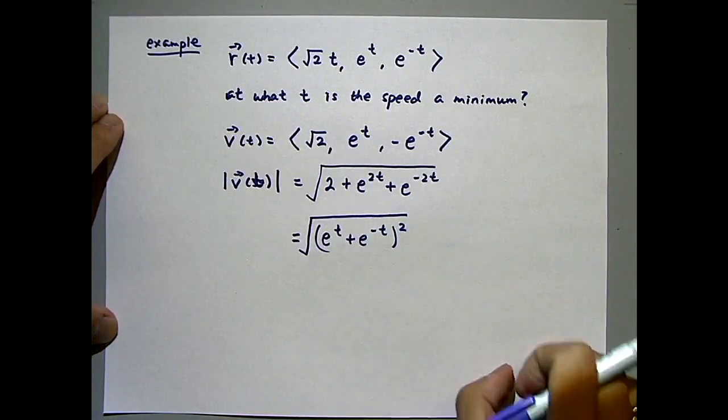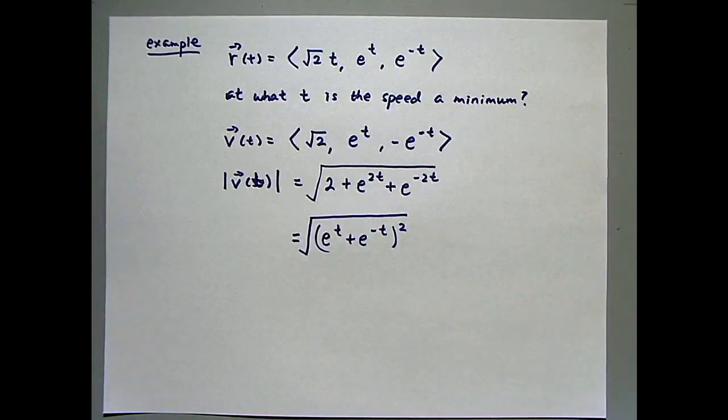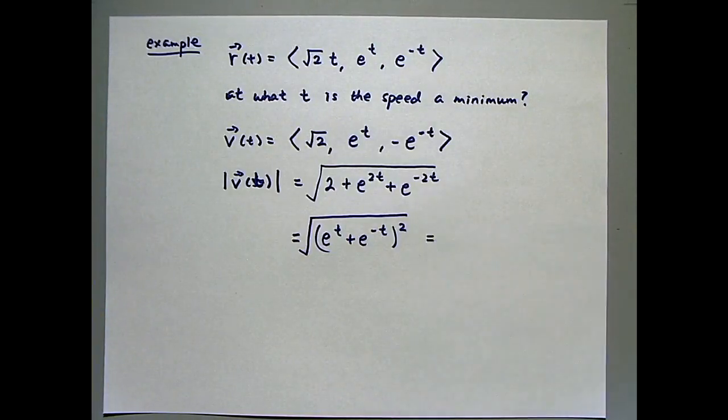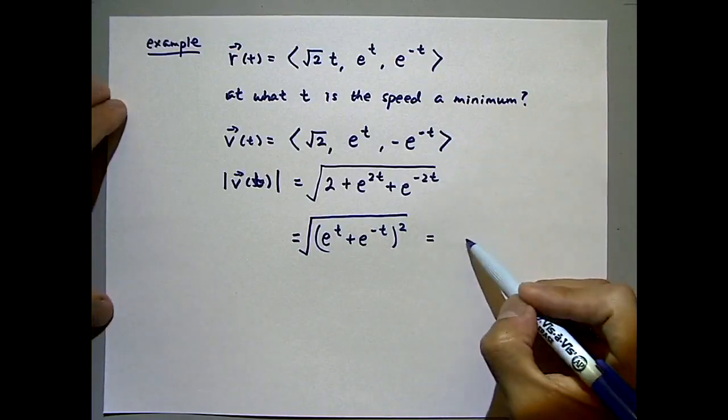Radical of e to the t plus e to the minus t, the whole thing squared. So that makes the speed a very, very compact expression. Without the root, it's just much nicer than this thing.